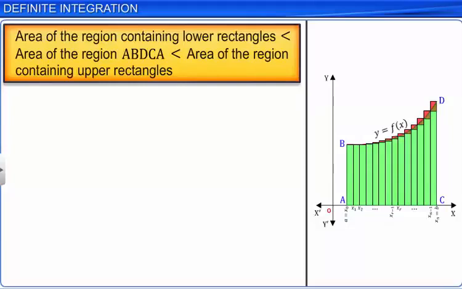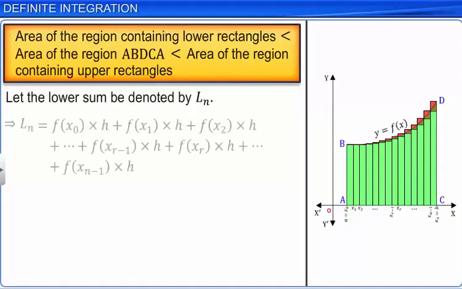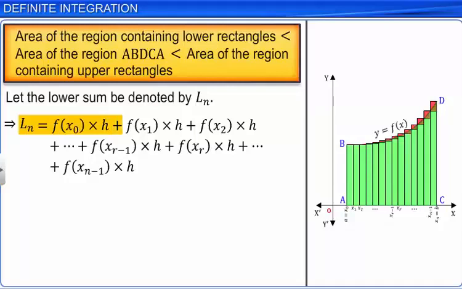Now, let's find out the sum of the areas of the lower rectangles. Let the sum of the areas of the lower rectangles, or the lower sum, be denoted by L with subscript n. Therefore, Ln is equal to f of x naught into h plus f of x1 into h plus and so on plus f of x r minus 1 into h plus and so on up to f of x n minus 1 into h.